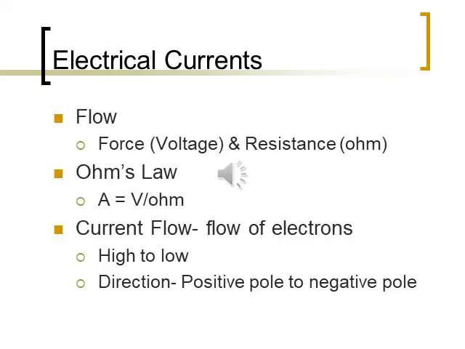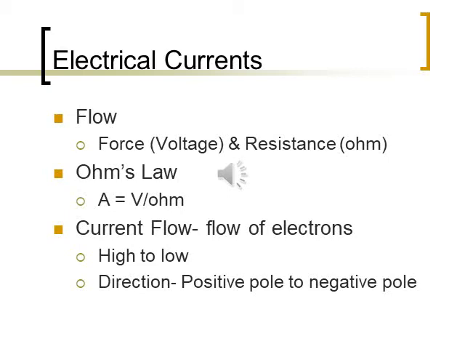So when we look at some of the basic science behind electrical currents in general, these are some of the terminology and relationships that I want you to know and understand. Electrical current flow has two main factors that impact it. One is the force of the electrical current, or the voltage, and the other is the resistance to that force, which is the ohm.